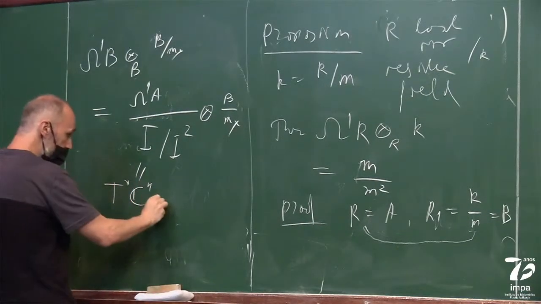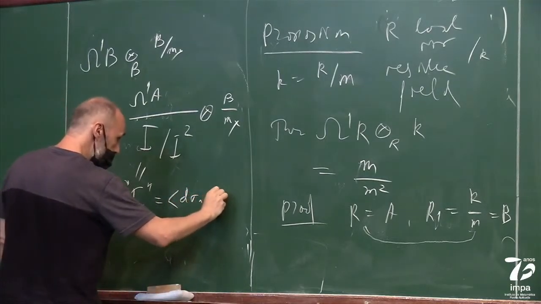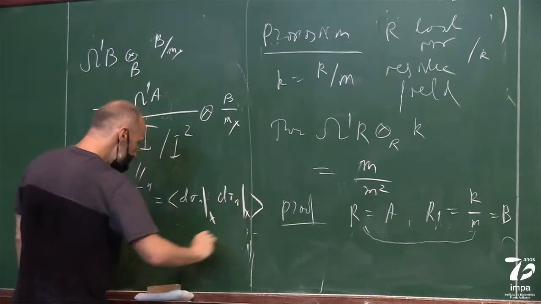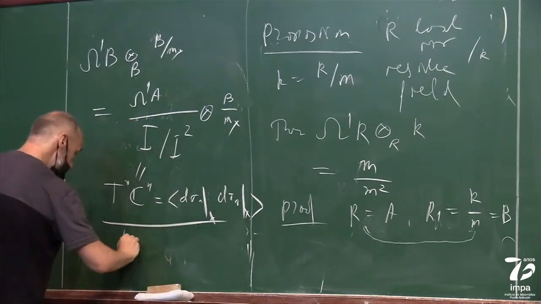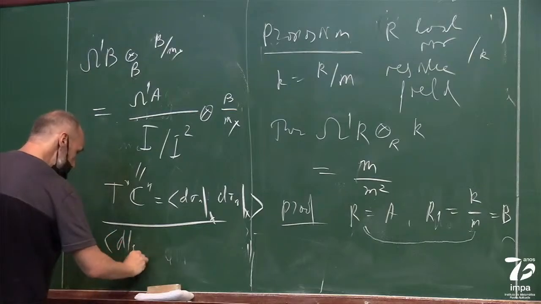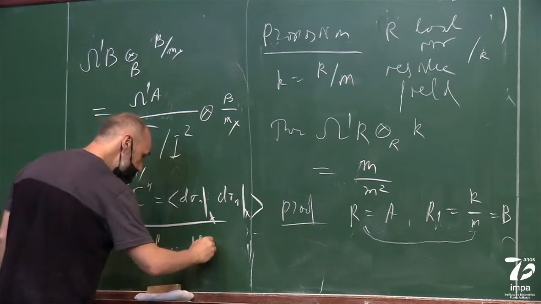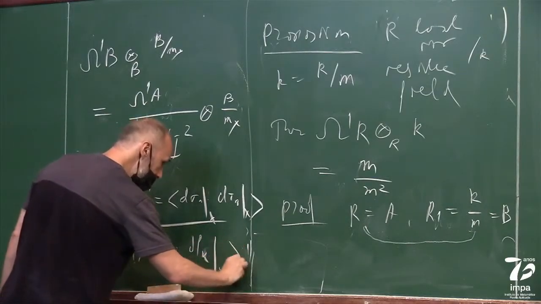This is the space generated by dt1, ..., dtn in the point X, quotient by df1, df2, and so on, dfk, again in X.